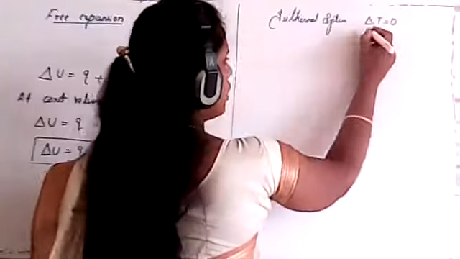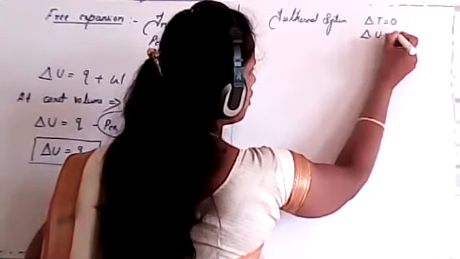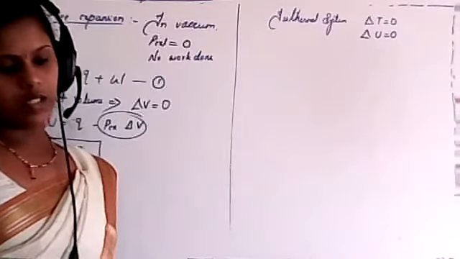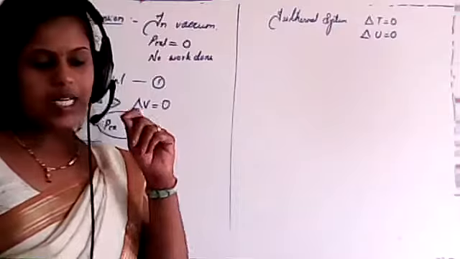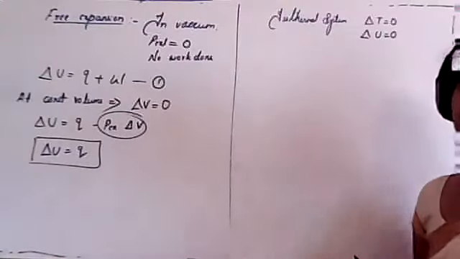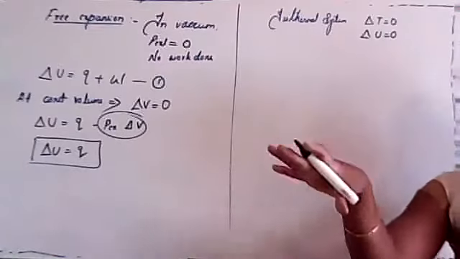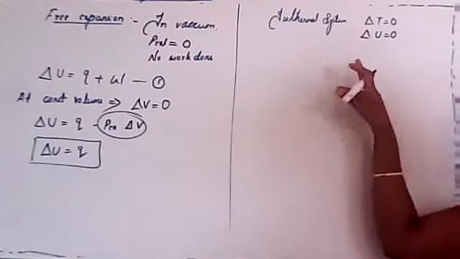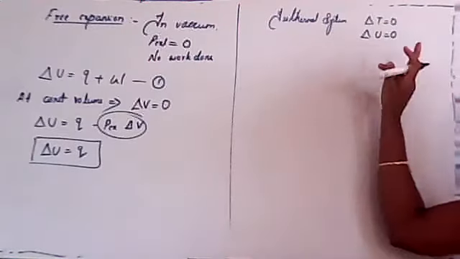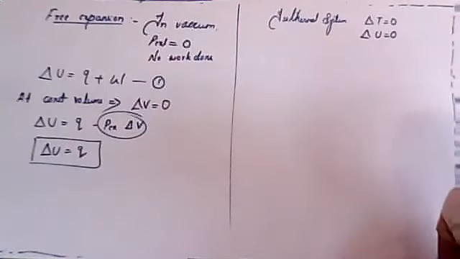Yes, very good. Delta U is also constant, delta U is equal to 0. If we are considering isothermal expansion of an ideal gas, delta T is equal to 0, and delta U is also equal to 0.